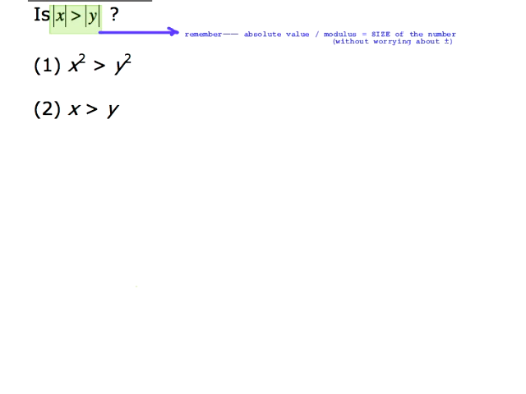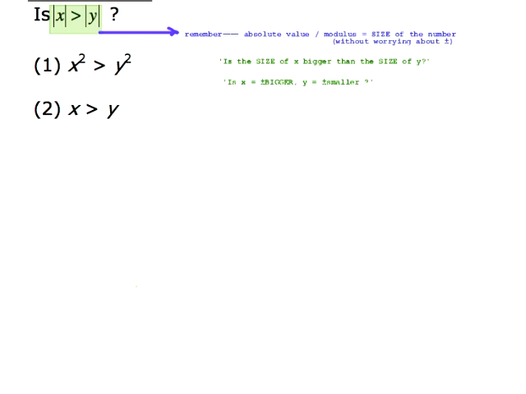So minus 14 and plus 14 are the same size. What this means is that the size of x is bigger than the size of y. In other words, x is plus or minus bigger, and y is plus or minus smaller.